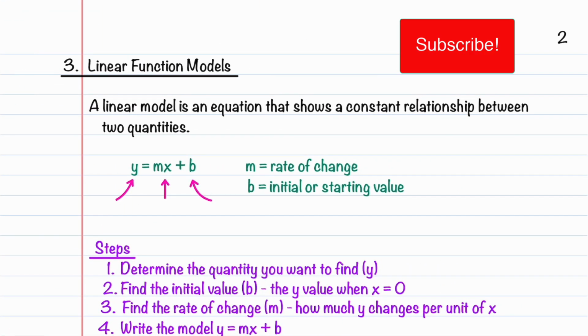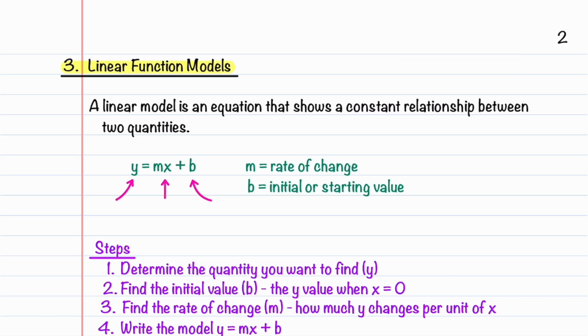Let's now put what we've learned into practice and look at some linear function models. A linear model is just an equation that shows a constant relationship between two quantities. A linear model is just this equation, y is equal to mx plus b, where m is our slope, but in the context of linear models, we say that it's our rate of change.